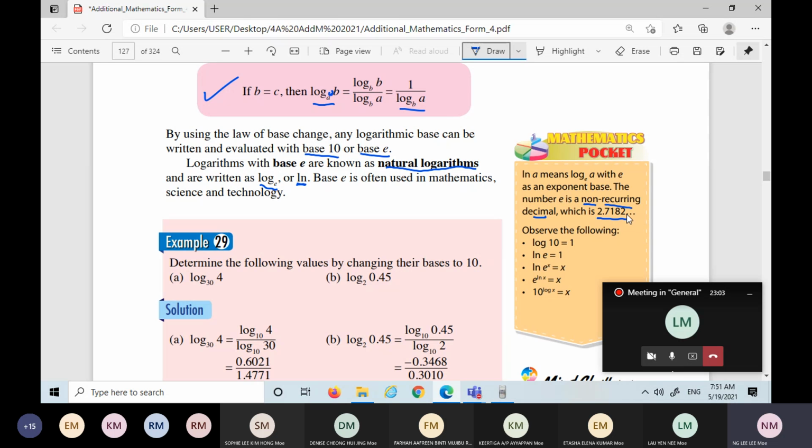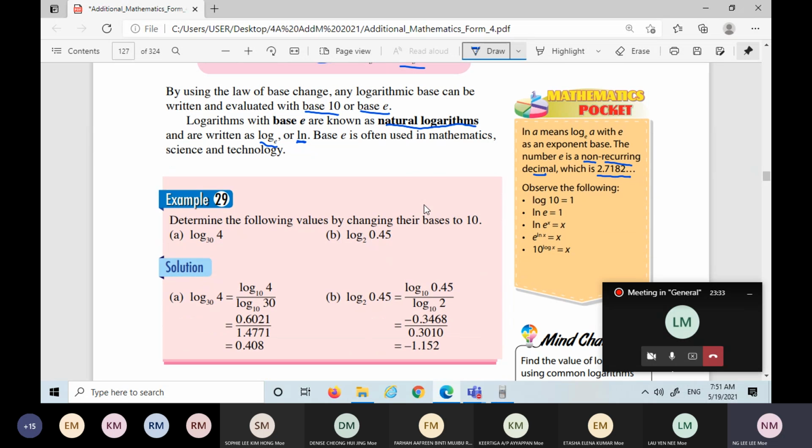Pi is 3.142 and so on, also a non-recurring decimal. The reason we can only use these two is because the calculator can press these two. So when you want to change the base and use the calculator to get the answer, you either change to base 10, or you change to base e.